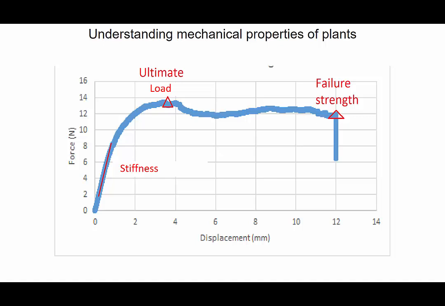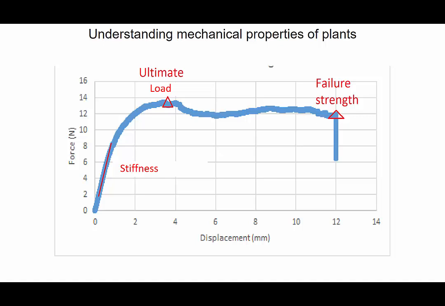There is this range here, which is called the elastic range. You can imagine just a rubber band, right? You pull a rubber band out and it returns back to its original form. So plant materials have an elastic range where you've not permanently changed them. And that is the range we're measuring in.